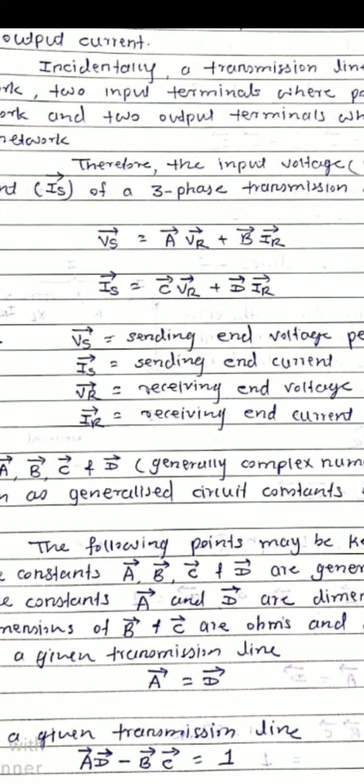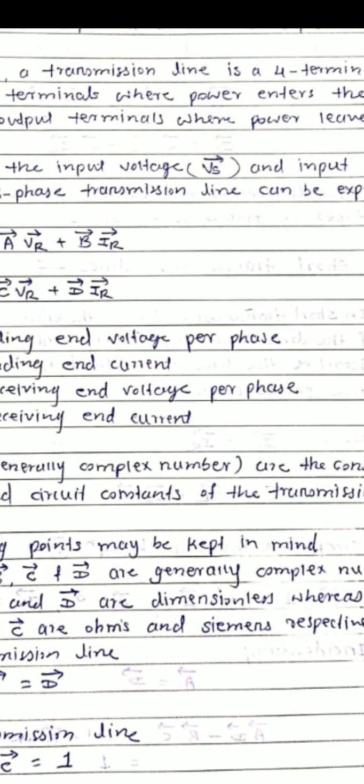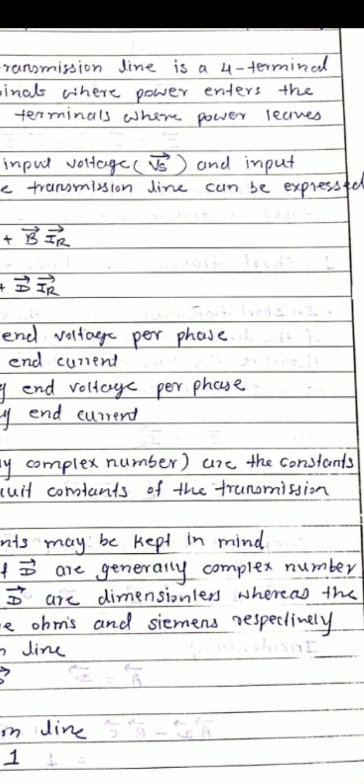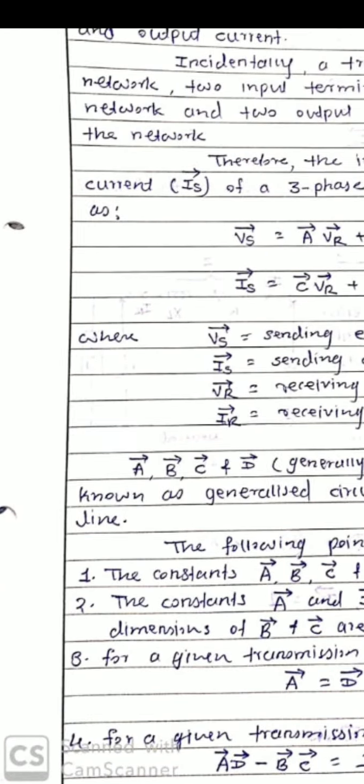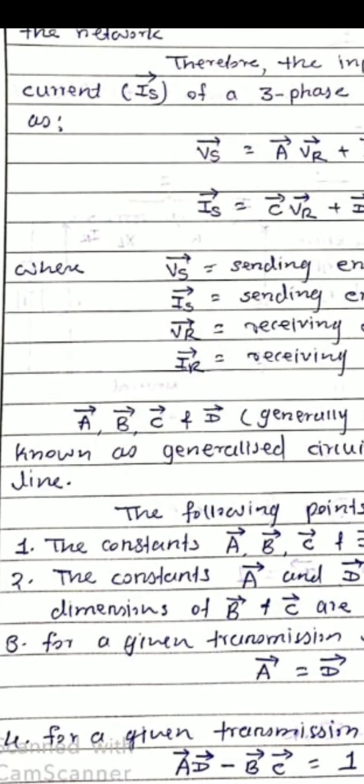First, the constants A, B, C and D are generally complex numbers. Second, the constants A and D are dimensionless, whereas the dimensions of B and C are ohms and Siemens respectively.